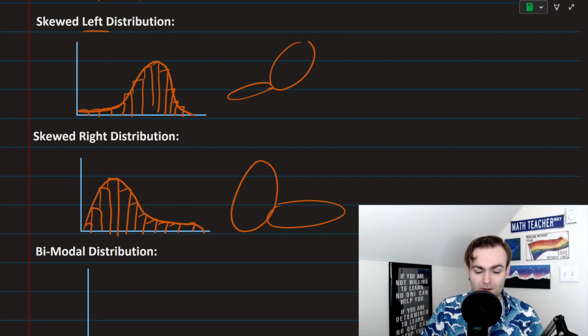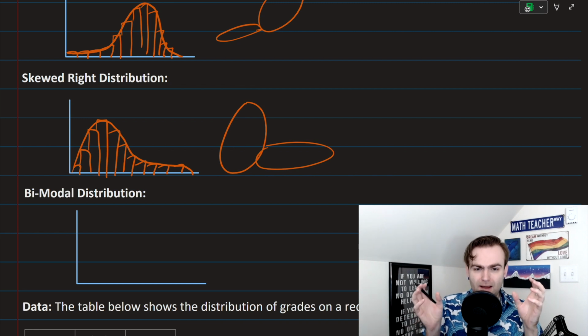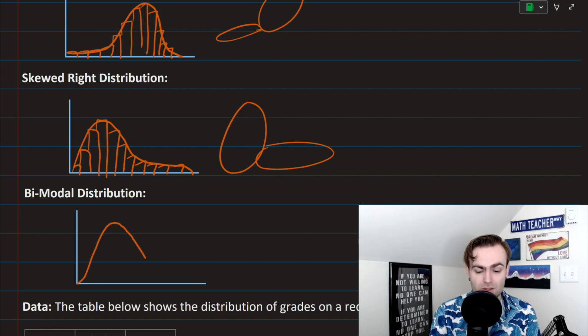The last one we're going to talk about is a bimodal distribution. You could also have a multimodal distribution. What that means is that the average is not going to be where the data is held the most. Your most occurring data, the mode of the data set, is occurring in two separate locations. So you can almost get like an M shape here, if that gives you any idea.